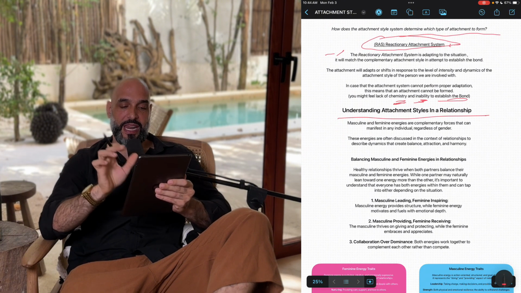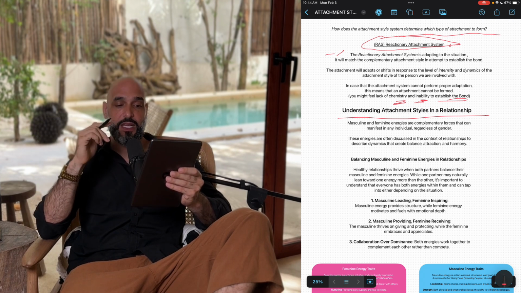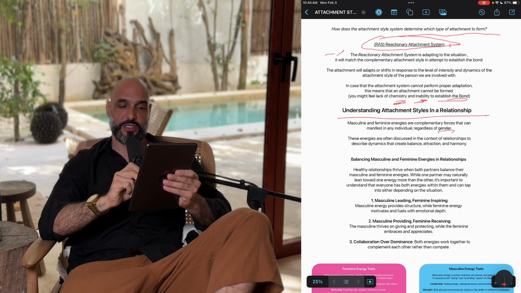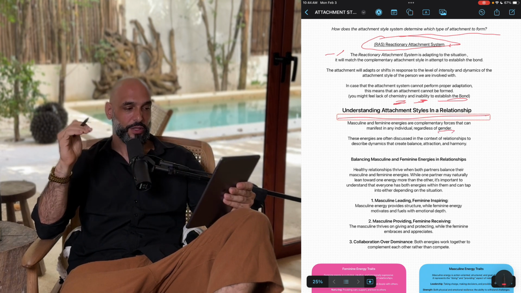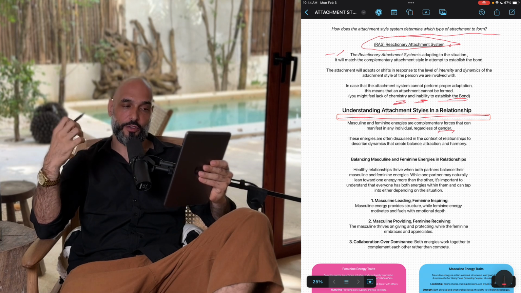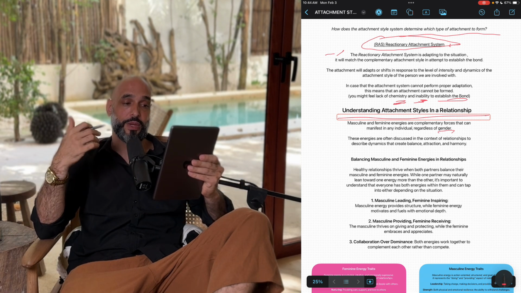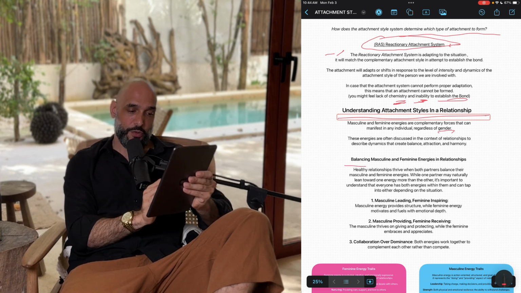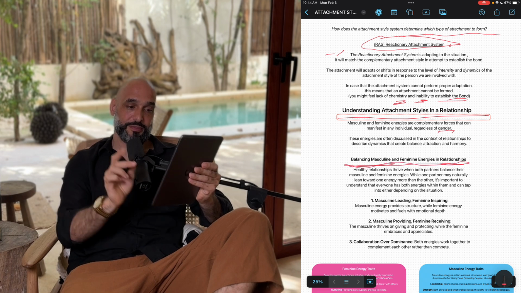Masculine and feminine energies are complementary forces that can manifest in any individual, regardless of gender. This is energy we're speaking about, no gender, energies only. These energies are often discussed in the context of relationships to describe dynamics that create balance, attraction, and harmony. How you're balancing the masculine and feminine energy in a relationship.